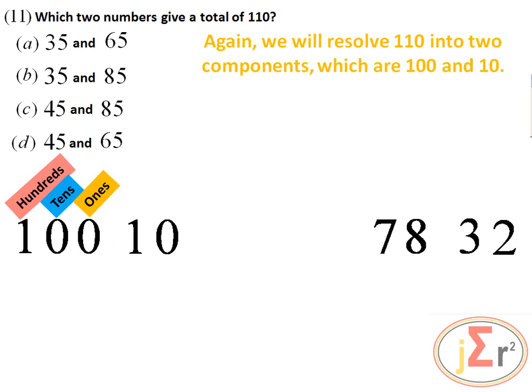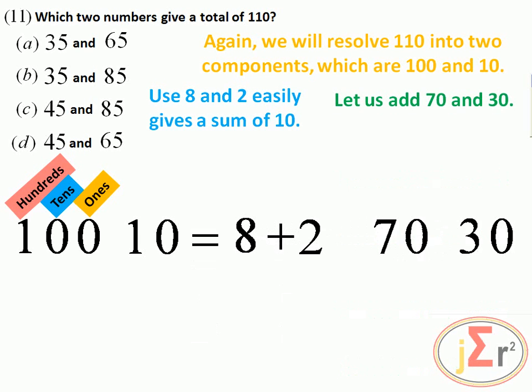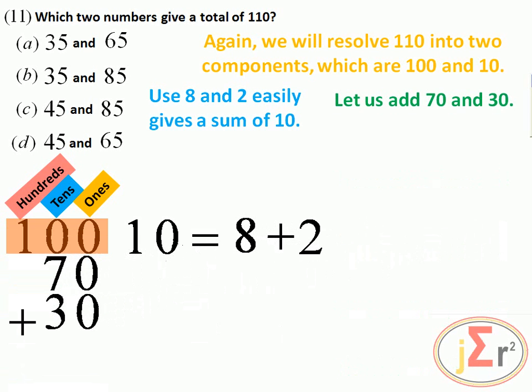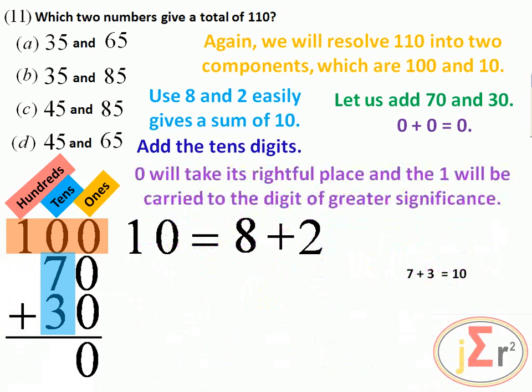There we go. Use 8 and 2 and see what happens. The 8 and the 2 will easily give a sum of 10. So let us add 70 and 30. 100. 100, as we did before. Add the tens digit. 7 plus 3 is equal to 10.